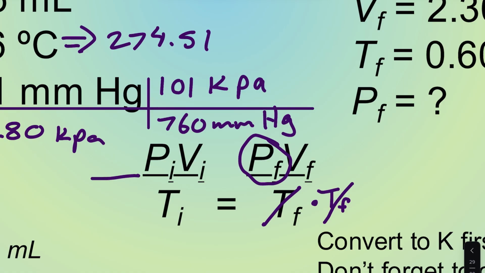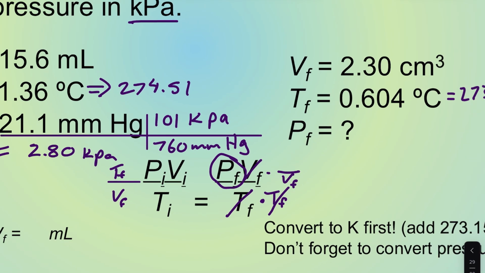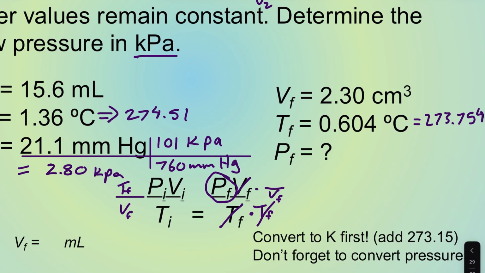So this is going to end up with a TF on that side, multiplied, and then we'll divide both sides by VF. So divided by VF, we're going to get rid of that. And so all we're left with is PF. So TF over VF is going to give us just the equation that we're looking for with only that at the end.